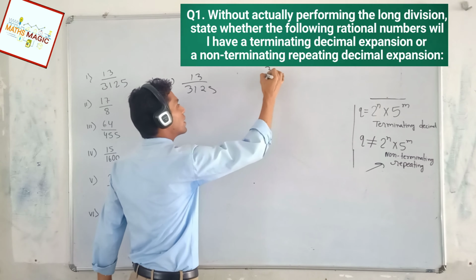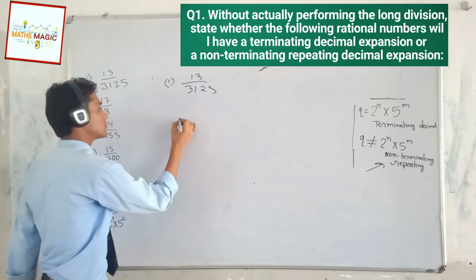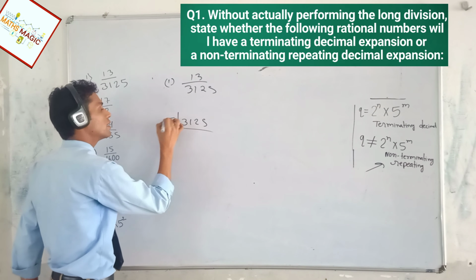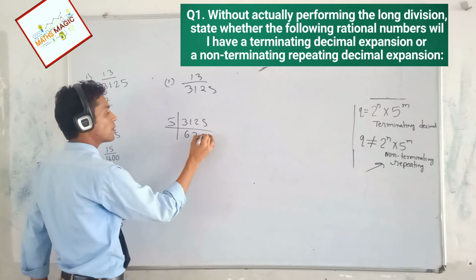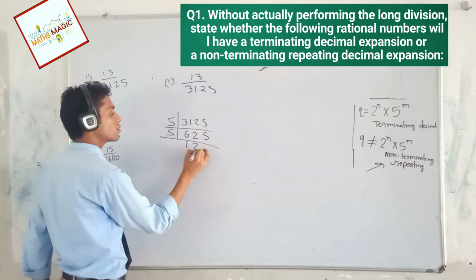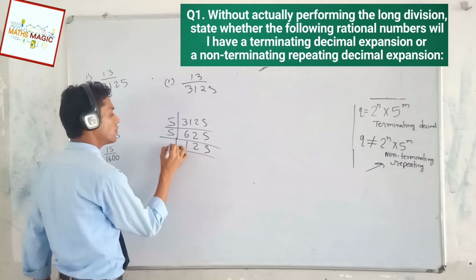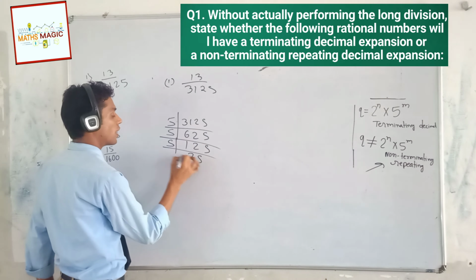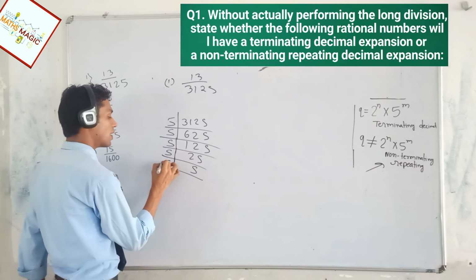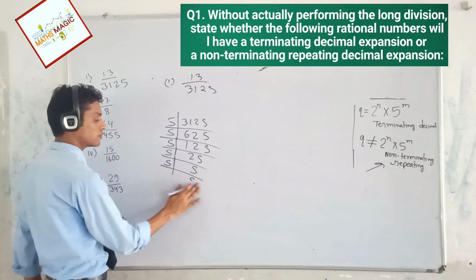We divide 3125 by 5, that is 625. Again by 5, 125. Again with 5, 25. Again with 5, 5. Again with 5, 1.